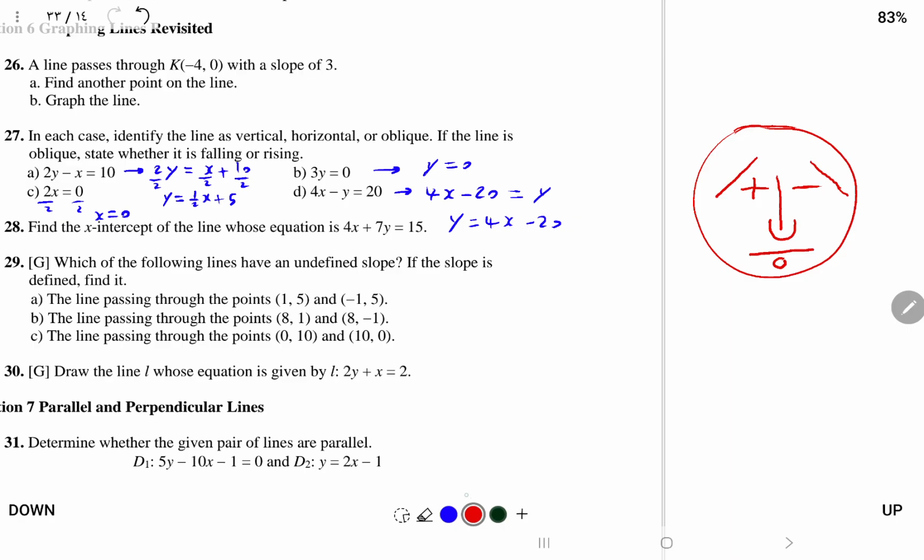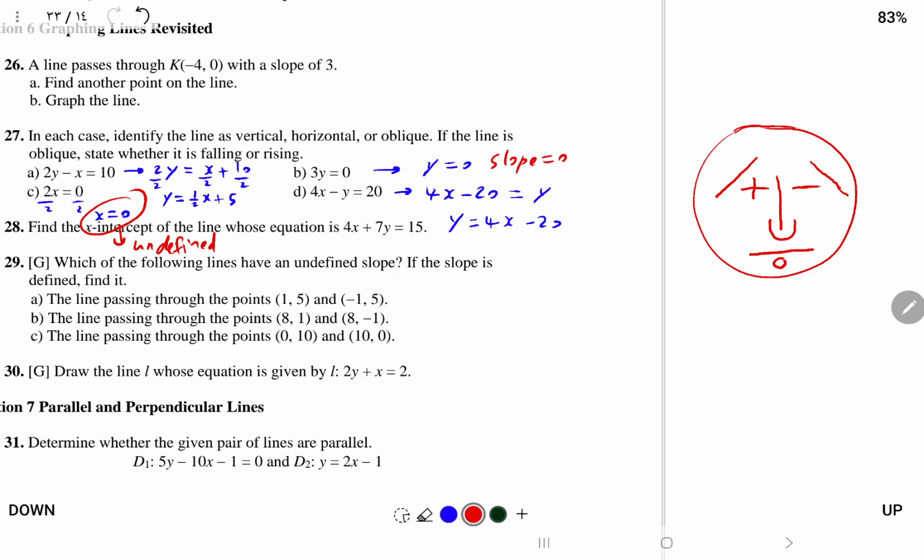So for example, this line y equals 0 is horizontal. It will have a zero slope. And this line is vertical. Its slope is undefined. U here means undefined.